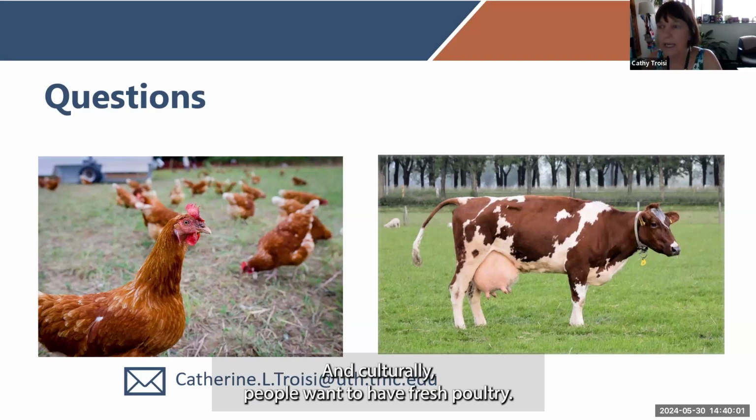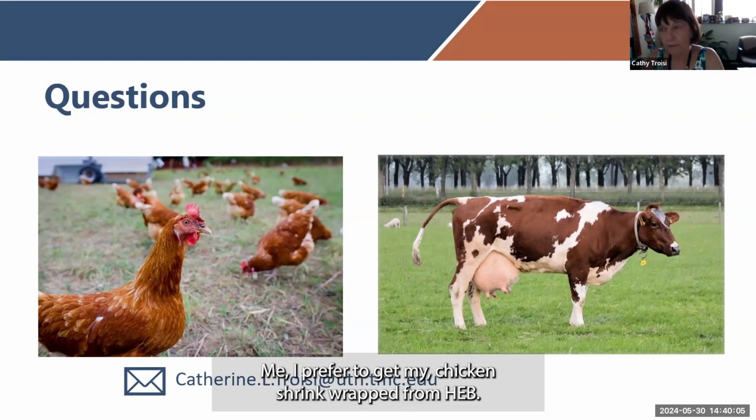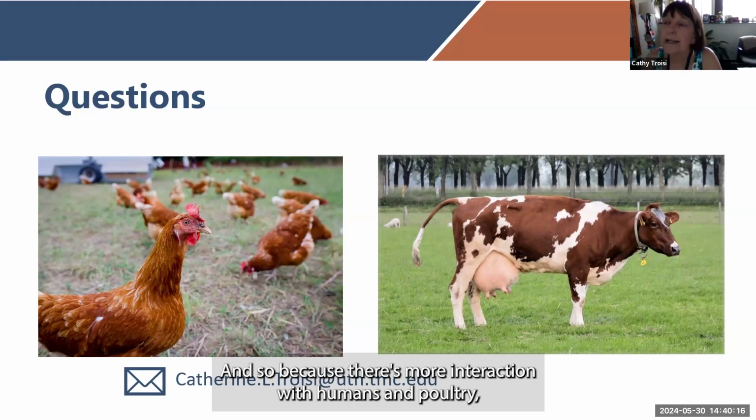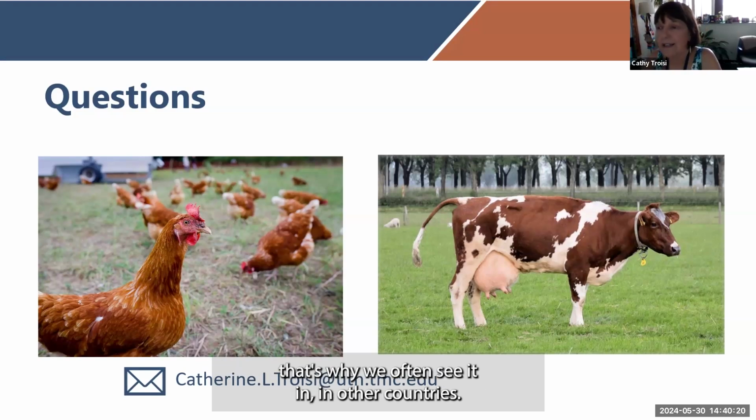And culturally, people want to have fresh poultry. Me, I prefer to get my chicken shrink wrapped from HEB. I don't really know where it came from. But that's a cultural difference. And so because there's more interaction between humans and poultry, that's why we often see it in other countries.